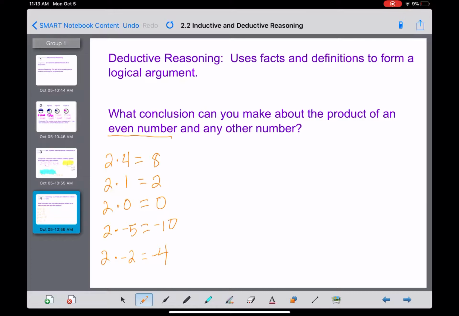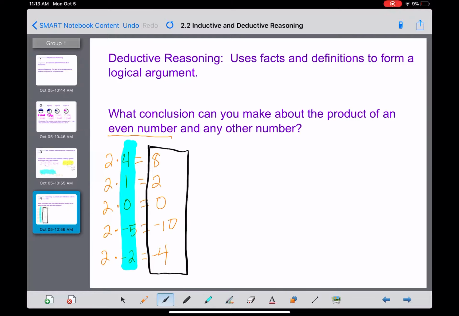I wanted to mix up my second number so that I was looking at a bunch of different values. So I wanted to pick an even number, an odd number, and 0. And then I wanted to do the same with a negative odd number and a negative even number. And we're trying to come up with one conjecture or one conclusion based off of the results.